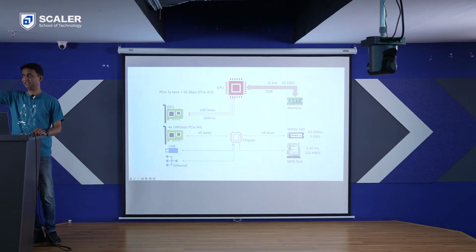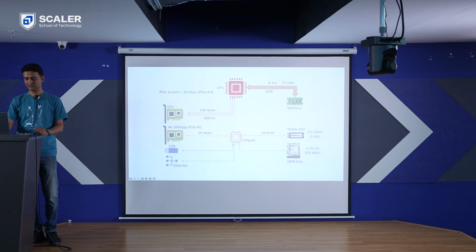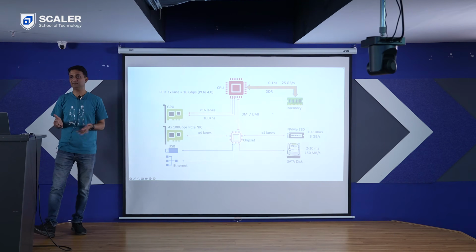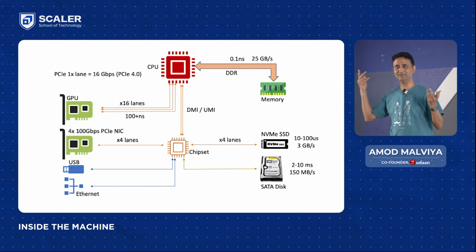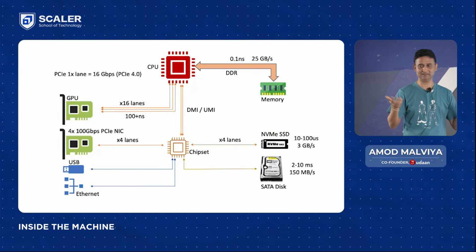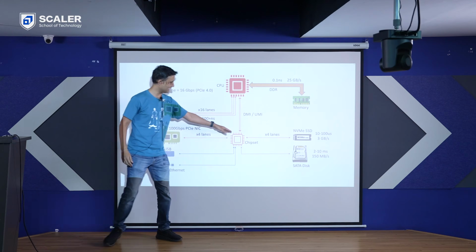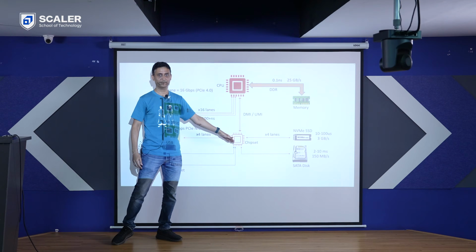Obviously, the chipset will need to speak to the CPU as well, right? That bus is called DMI. Okay, Intel calls it DMI, AMD calls it UMI, some other manufacturer might call it whatever, PMI, does not matter. What matters is that there's an interconnect.